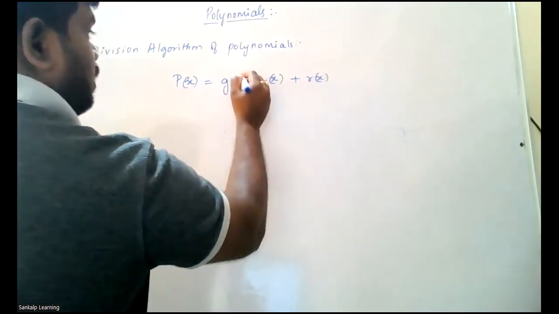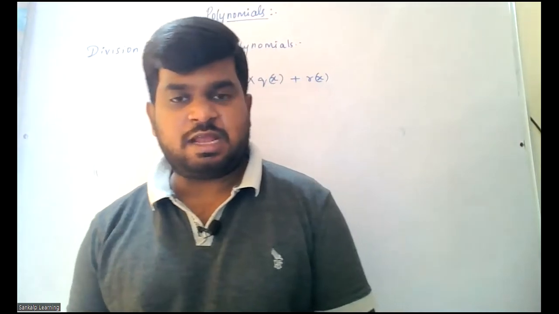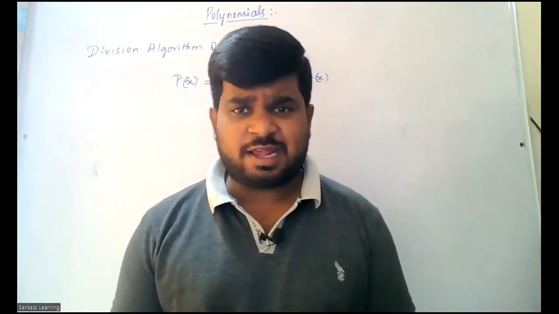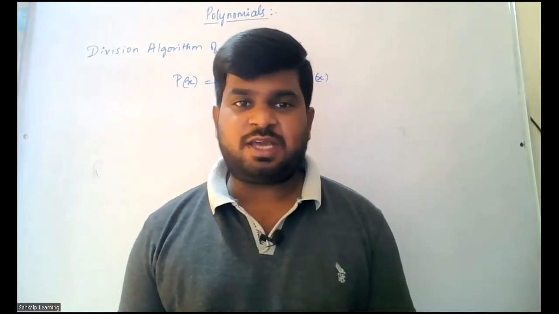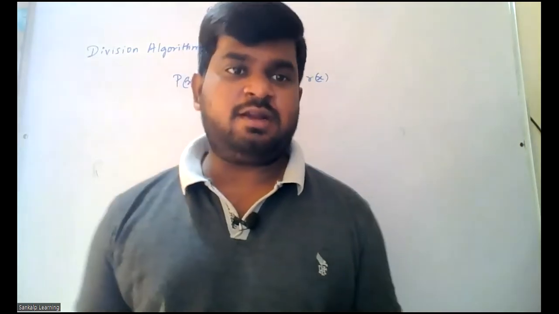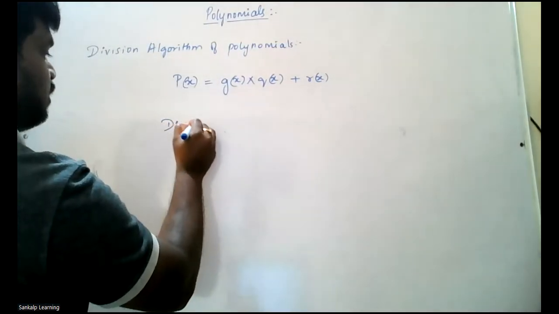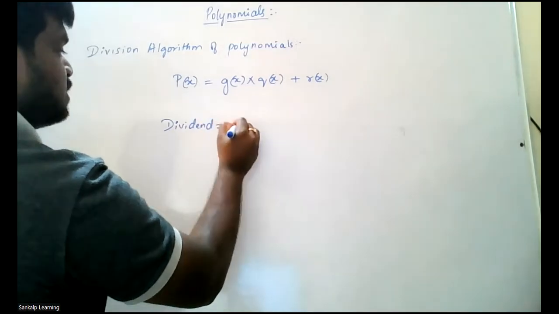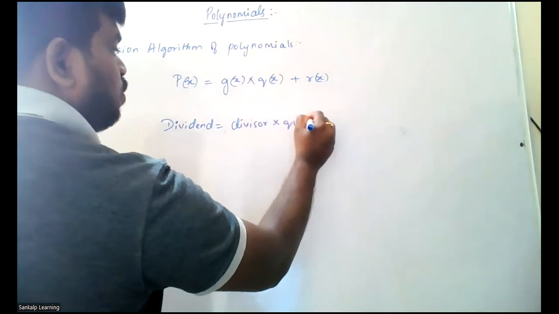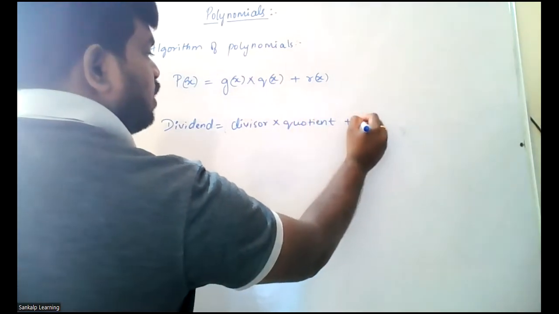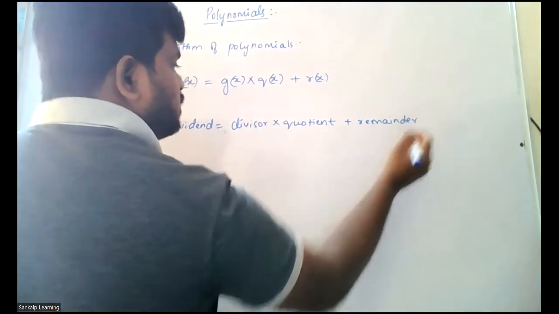Basically, we have seen what the division algorithm is in the real numbers. If not, let's recall it. It is simply that the dividend can be expressed as divisor into quotient plus remainder, isn't it?